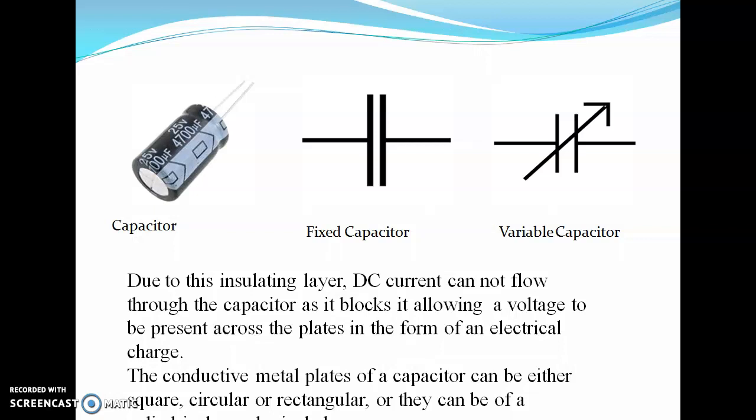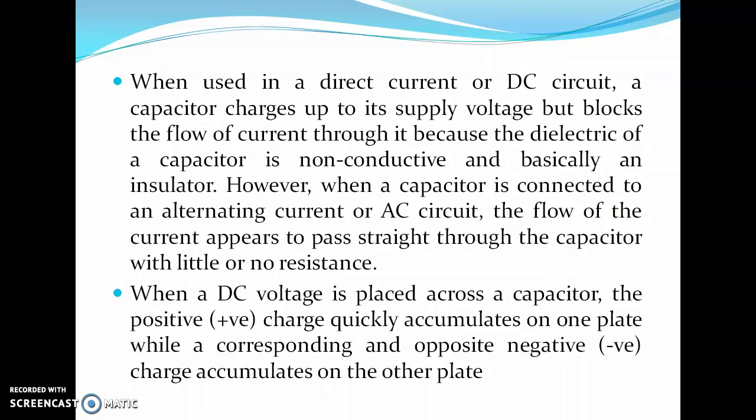The conductive metal plates of a capacitor can be either square, circular or rectangular, or they can be of a cylindrical or spherical shape. When used in a direct current or DC circuit, a capacitor charges up to its full voltage but blocks the flow of current through it because the dielectric of a capacitor is non-conductive and basically an insulator.